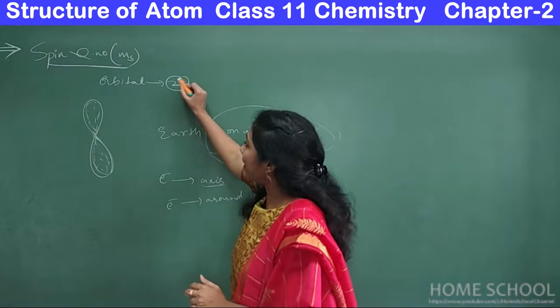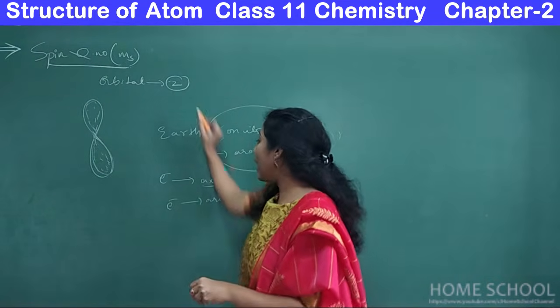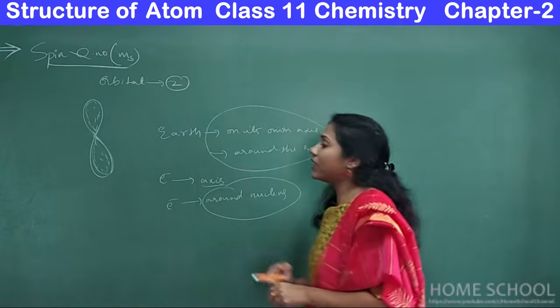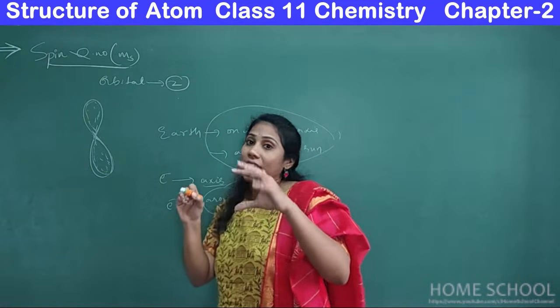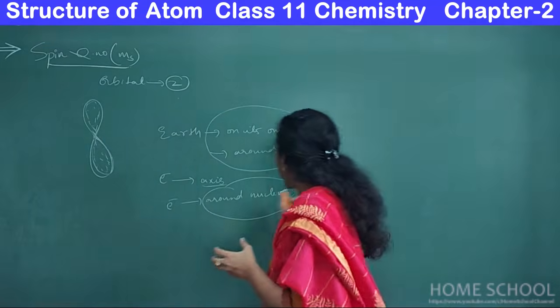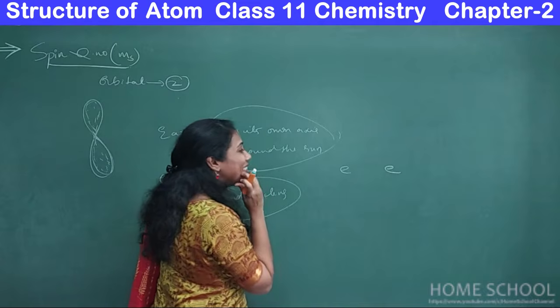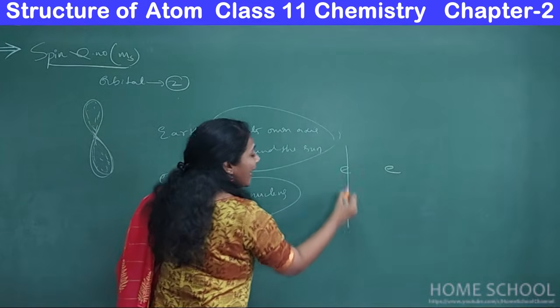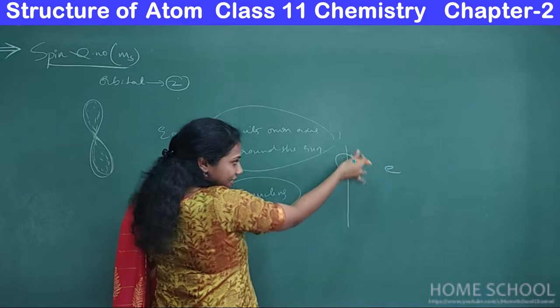Okay, so both electrons present inside an orbital rotate around the nucleus, and both electrons can rotate around their own axis. Say if this is one electron and this is another electron present in an orbital. Imagine this is the axis. This electron rotates in a clockwise direction.